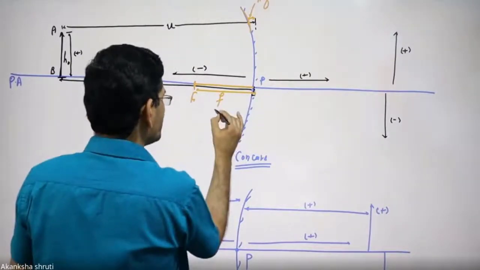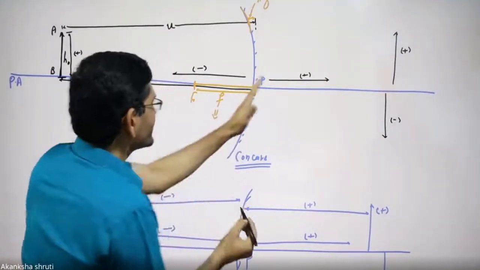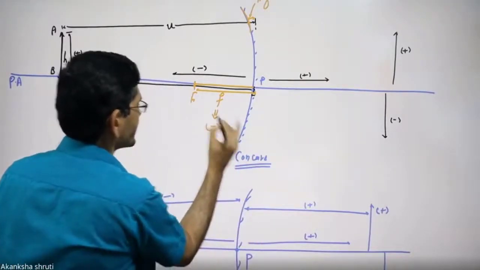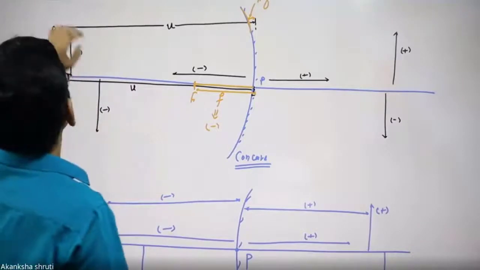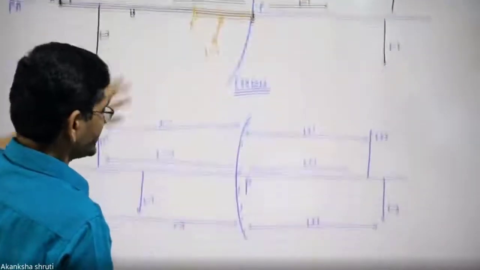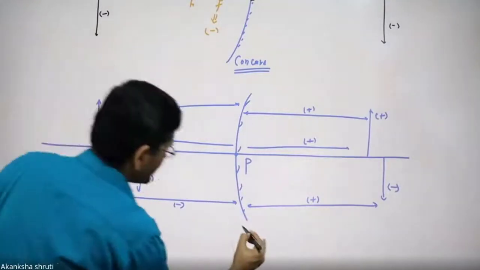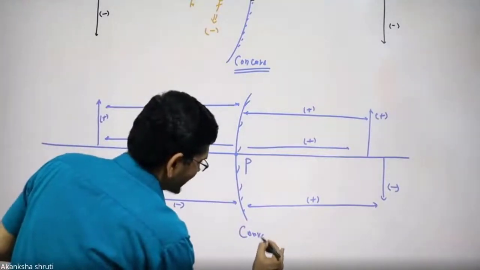The sign of focal length can be given, then for the concave mirror, the focal length will surely be negative. Students, the same thing, if we consider this convex mirror, this is our convex mirror.